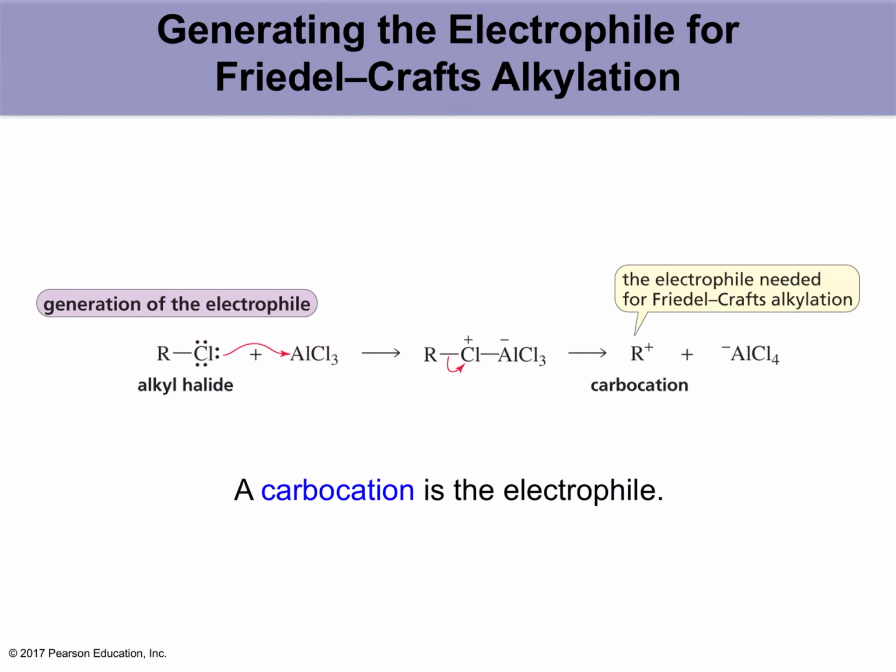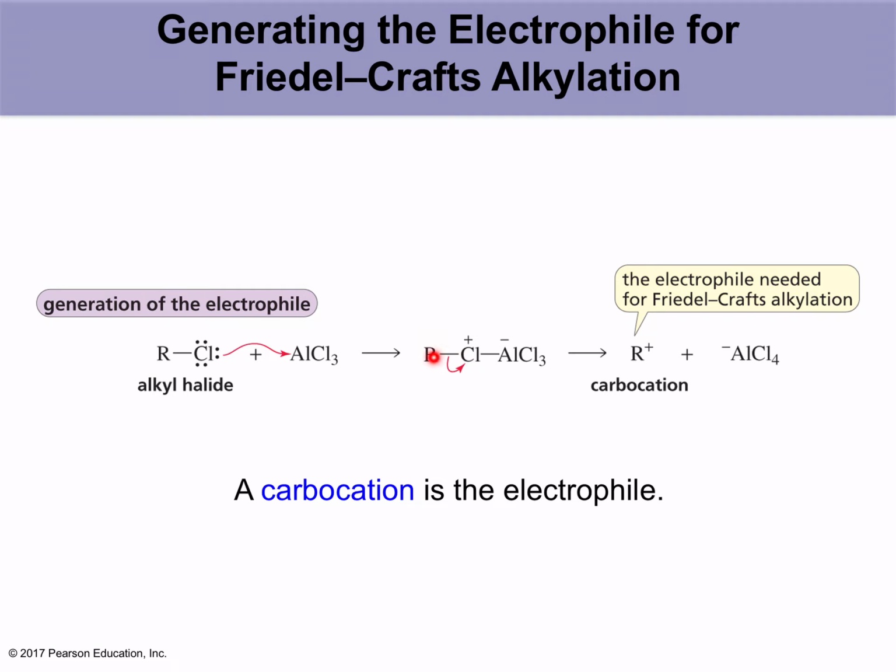And this is the mechanism. Generating the electrophile, alkyl halide, similar to acylation. Chloride, Lewis base, Lewis acid, complex forms, and then it removes this whole complex. This alkyl group and chloride bond will become weakened.